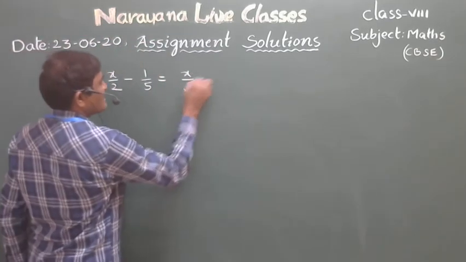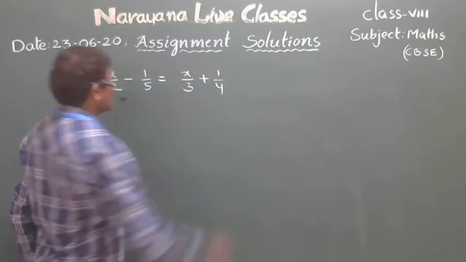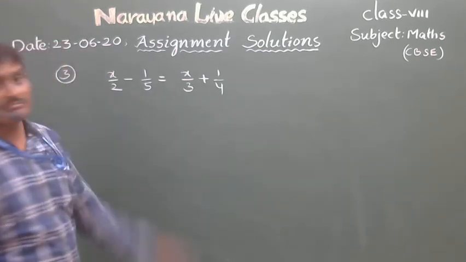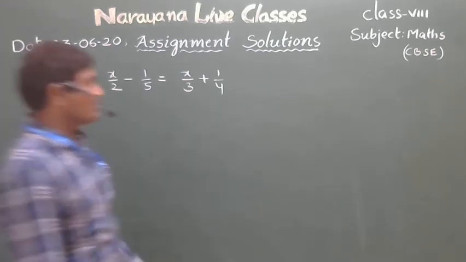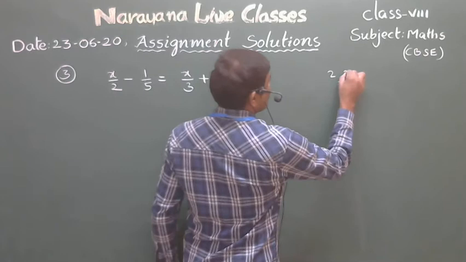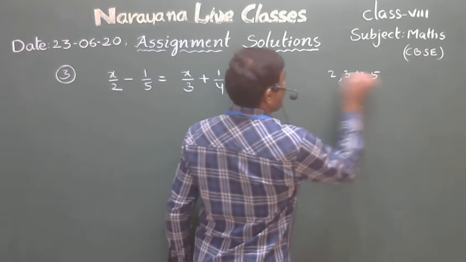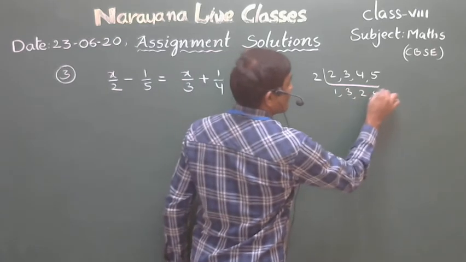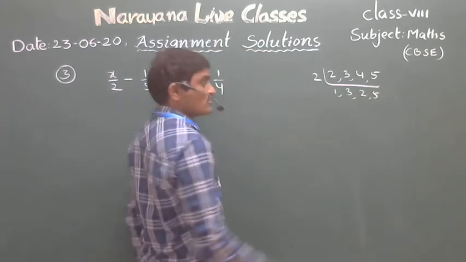Here the denominators are 2, 3, 4, 5. So let us find their LCM. 2, 3, 4, 5. With 2 ones are 2, 2 twos are 4, 3 and 2, 5 are co-primes, so no need to find.